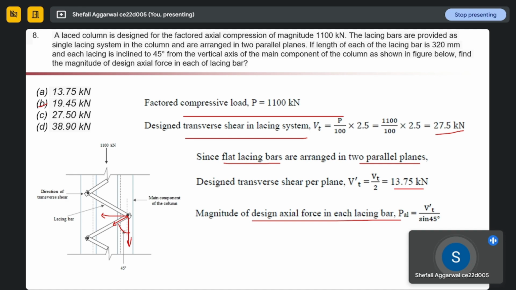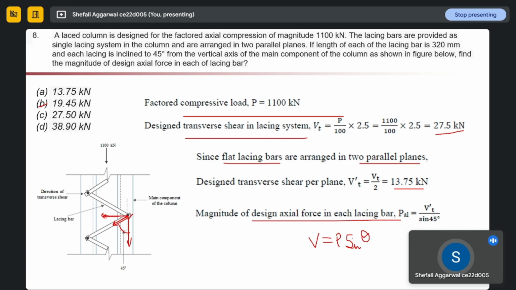The axial force will be in the direction of our lacing only, and this is our shear force.